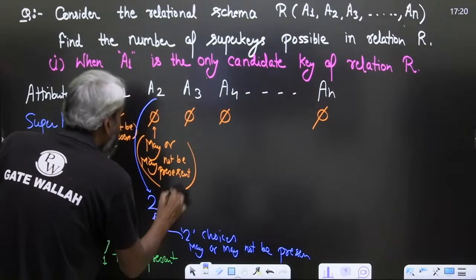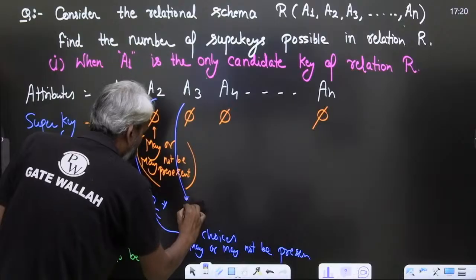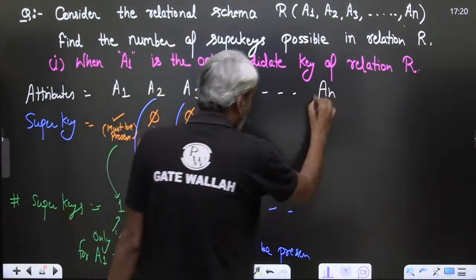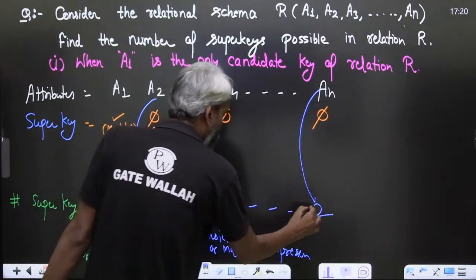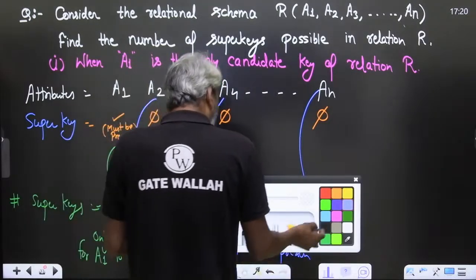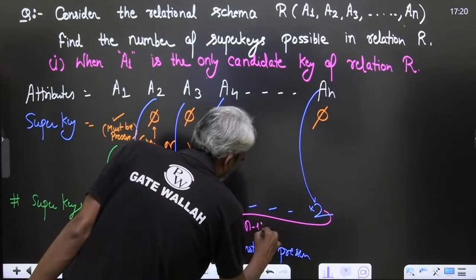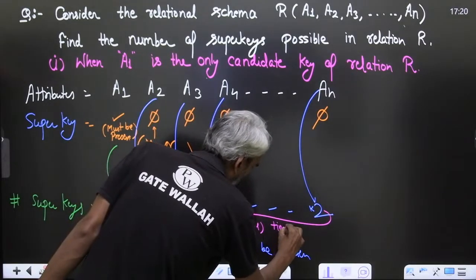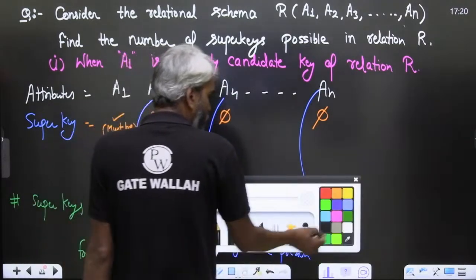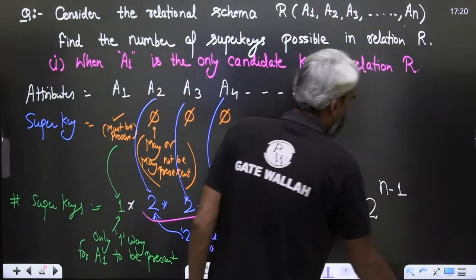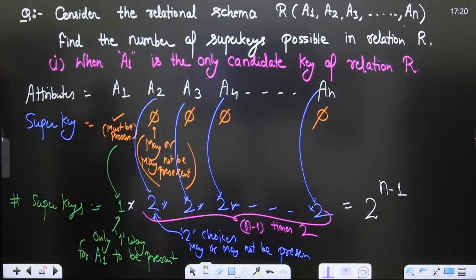And for A3 also, two choices. And for A4 also, two choices. And so on. For AN also, you will have two choices. So, how many times 2? n minus 1 times 2, and this will be equal to 2 raised to the power n minus 1. Clear?